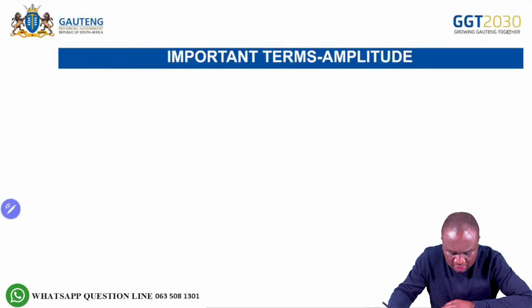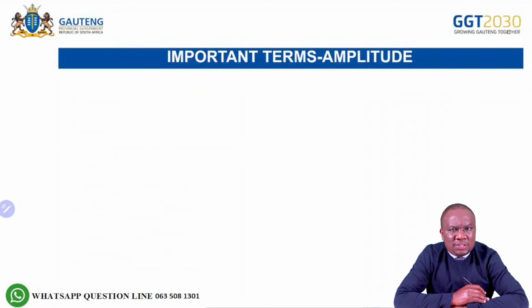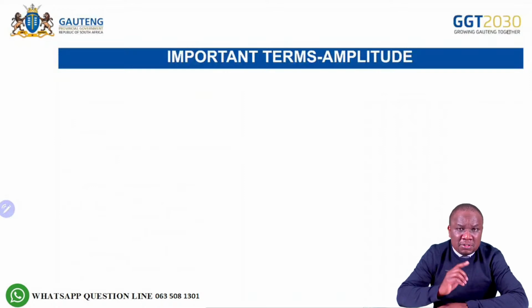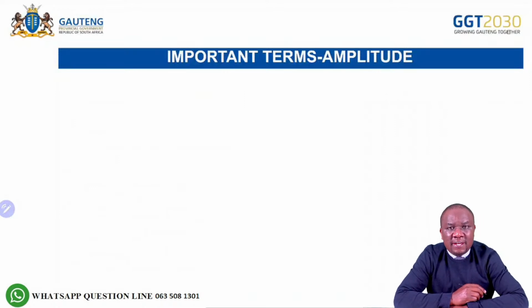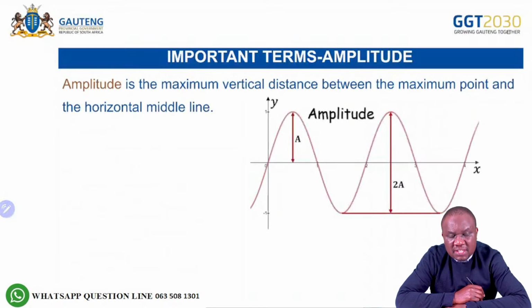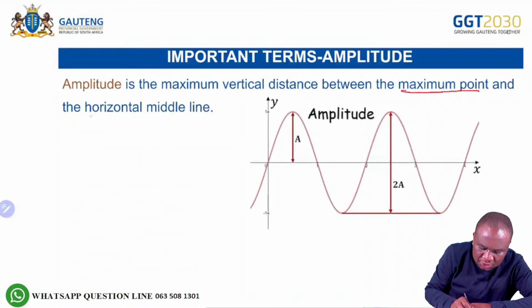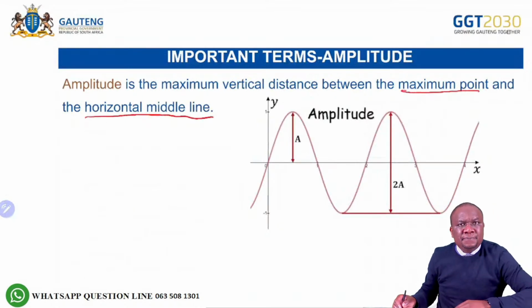Right, so what are we going to look at? The important terms that we need to understand. I'm going to discuss 2 of them now, which is what? The amplitude and the period. Okay, what is the amplitude? Amplitude is the maximum vertical distance between the maximum point and the horizontal midline.